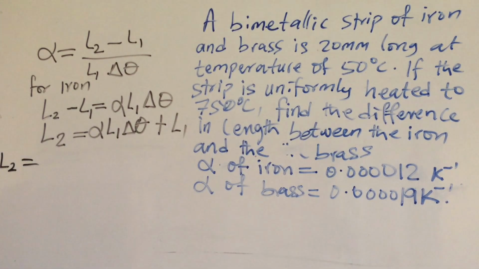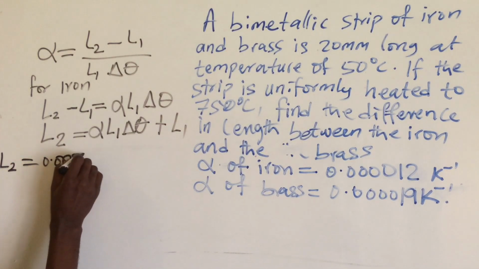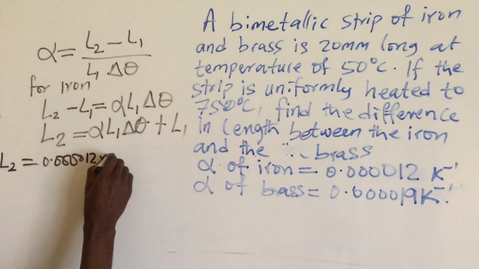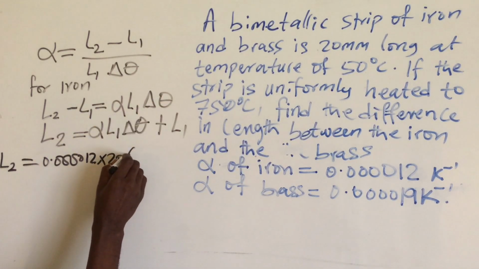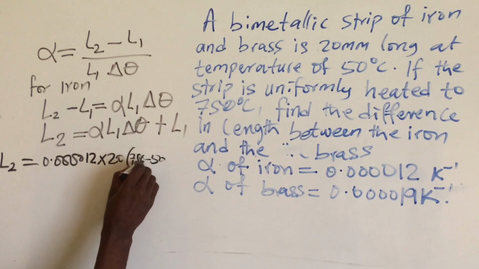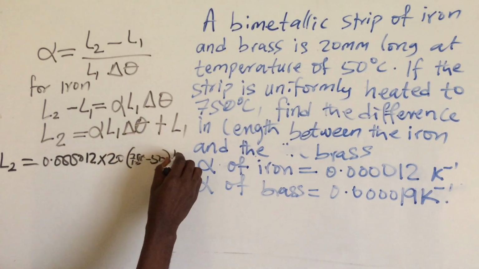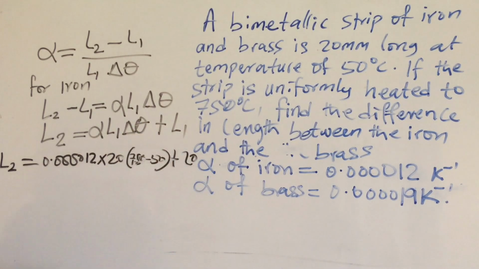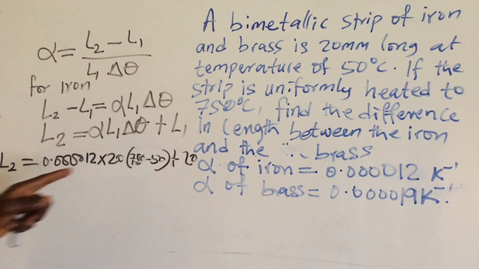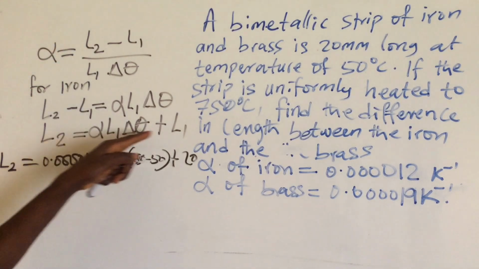L2 equals alpha, which is 0.000012 for the iron, times L1, which is 20, times change in temperature, which is 750 minus 50, plus L1, which is 20 again. Because this formula here is as a result of making this one subject of formula that resulted in this, right?